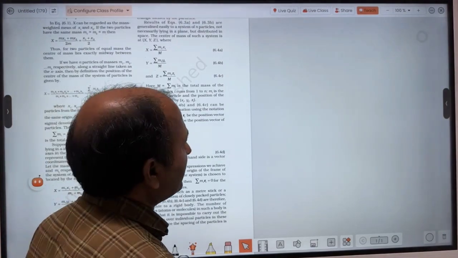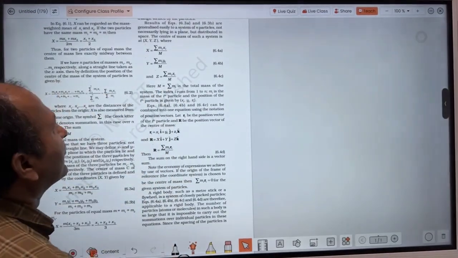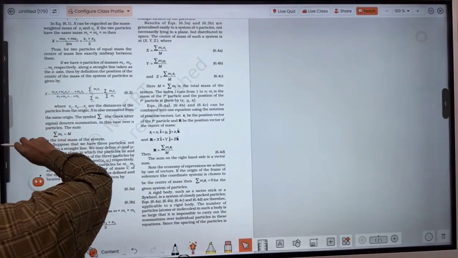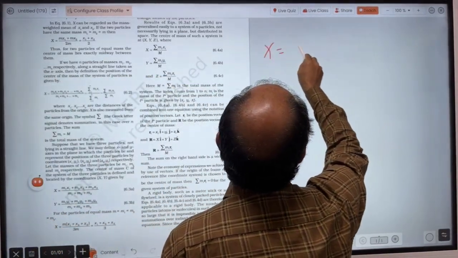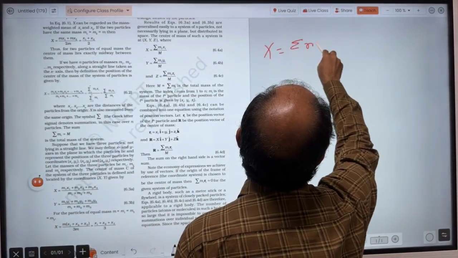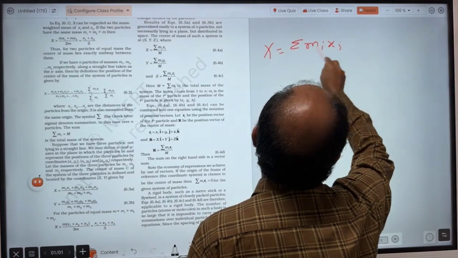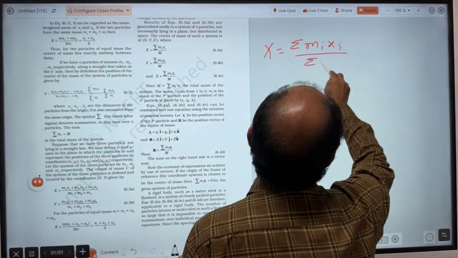This can also be written, as I told you, in a 3D system we can summarize the position of center of mass. So x can be written as sigma mi xi divided by sigma m.